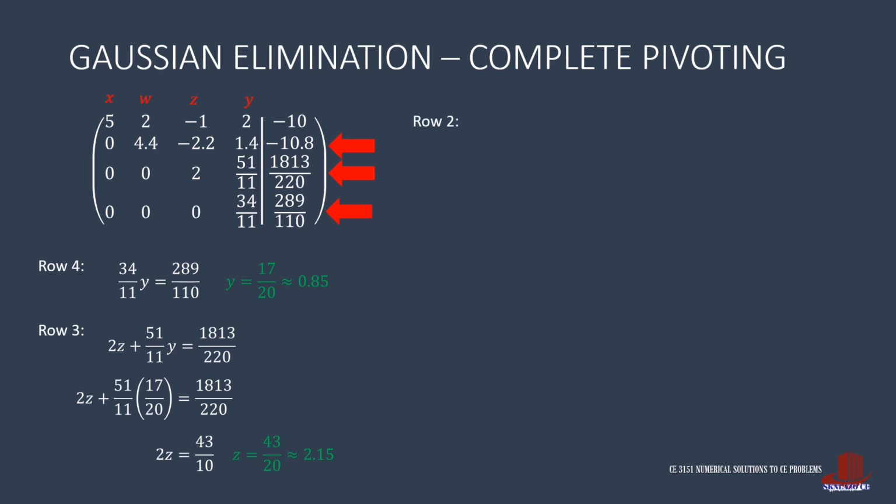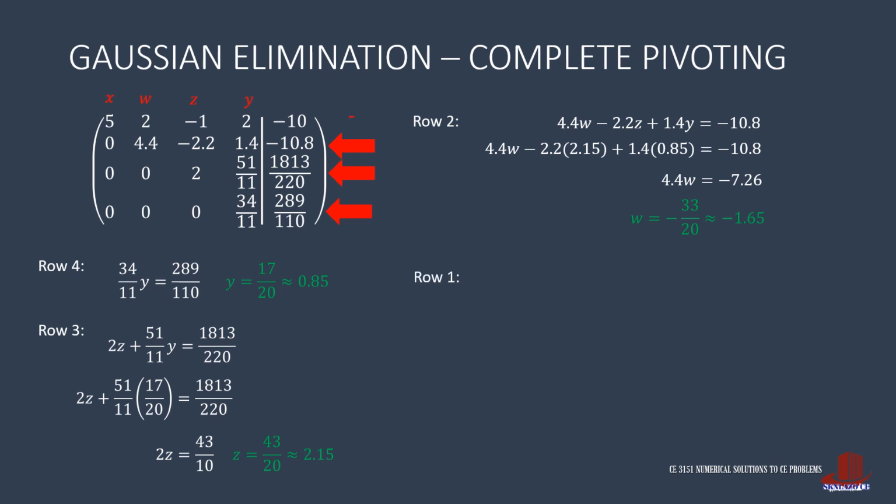The second row is translated as 4.4w minus 2.2z plus 1.4y as equal to negative 10.8. Place the previously solved values of z and y and simplify to have 4.4w as negative 7.26, where w becomes negative 33 over 20 or negative 1.65.